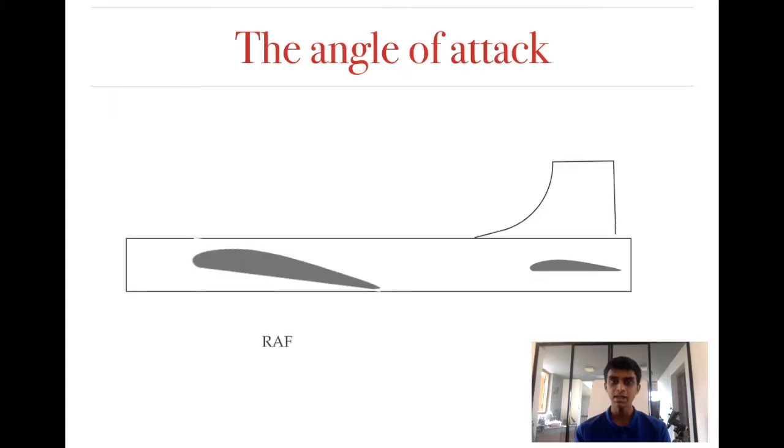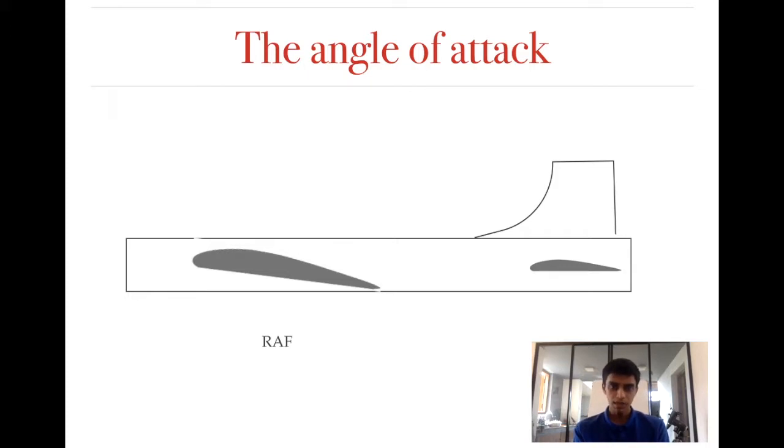With that being said, let's talk about the angle of attack. Angle of attack is something like this. It's the angle between the chord line and the relative airflow. If you take a look at the airfoil on your left-hand side, that is the wing, and the one on the right-hand side is the horizontal stabilizer.